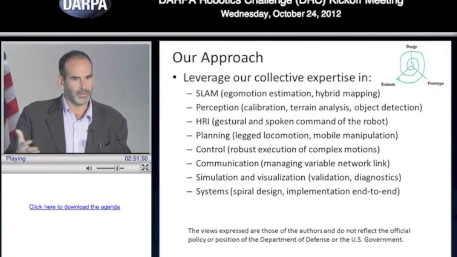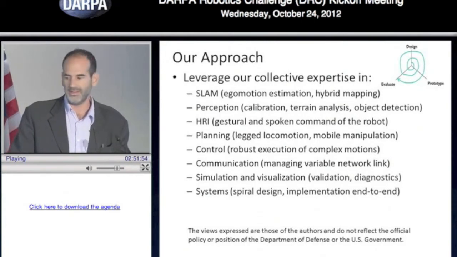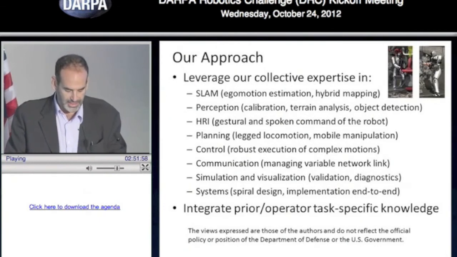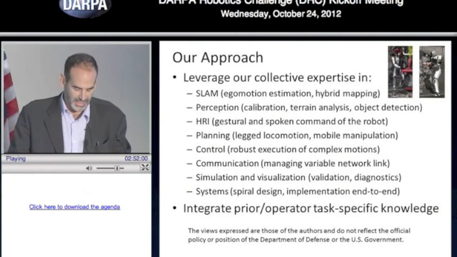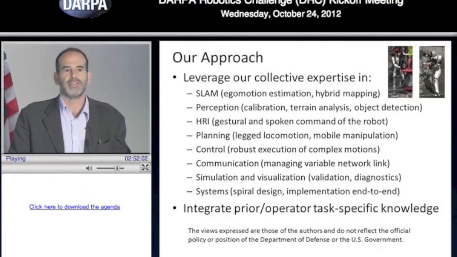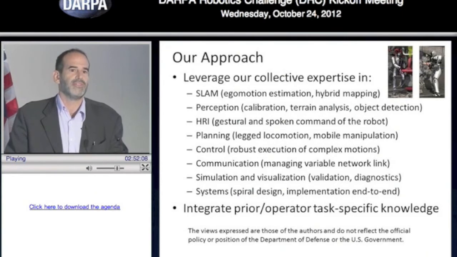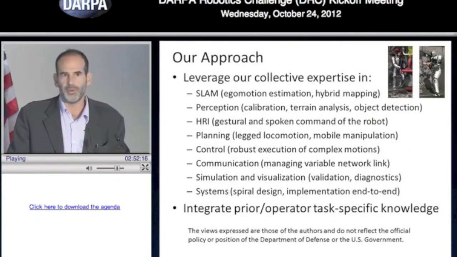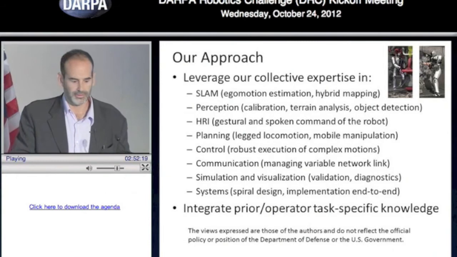And finally, like everyone else, we're trying to do spiral design and implementing things end-to-end as we go. So if the key challenges of the DRC are dealing with noisy perception and imperfect dynamics, the way we're trying to address those in a nutshell is by integrating task-specific knowledge into the system, either prior knowledge or the operator's knowledge through a fluid human-robot interface. I'll stop there. Thanks very much.